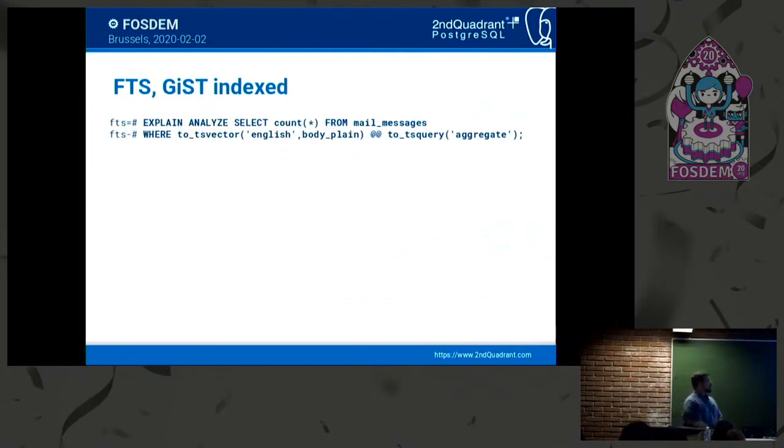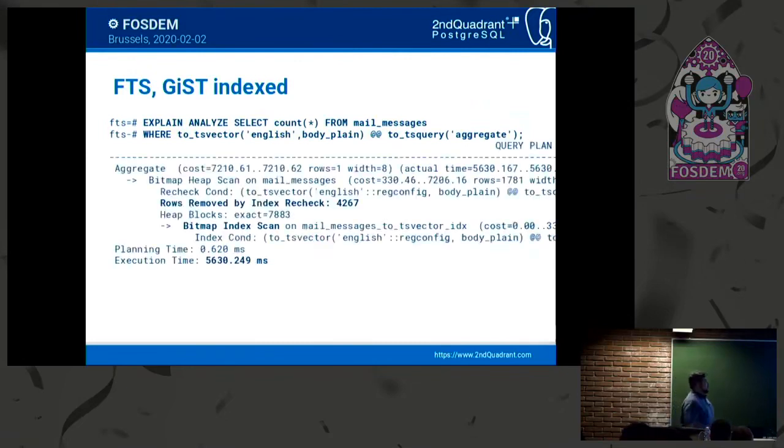Now let's look at GIST. Does it help us for our search? It's the exact same search. We're searching for the word aggregate. It did help. We can see that a bitmap index scan was used, and our search was much faster. But you will notice that we have rows removed by index recheck. So that means that it had to go back and figure out whether these results were useful or not.